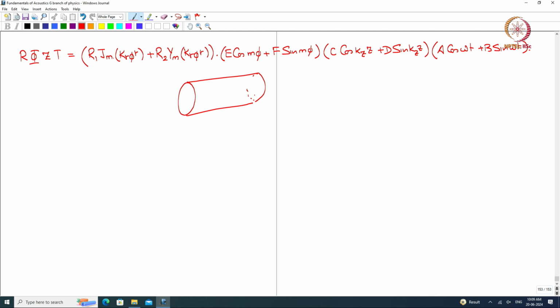So if we look at the z part of the equation, it had said the solutions were C cos kz z plus D sin kz z. This was Z of z.